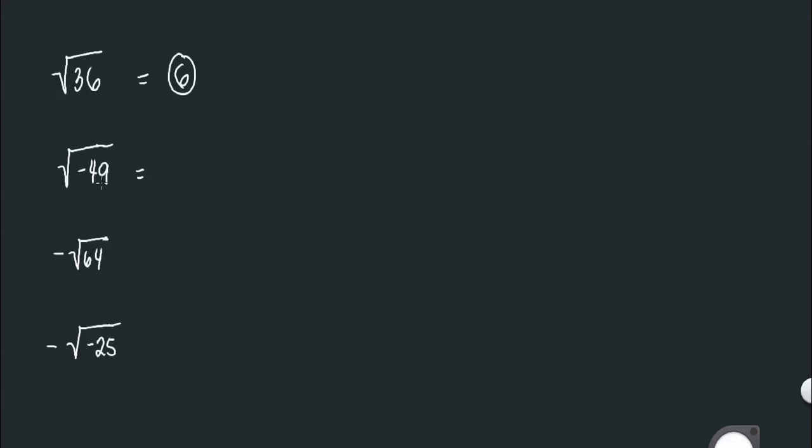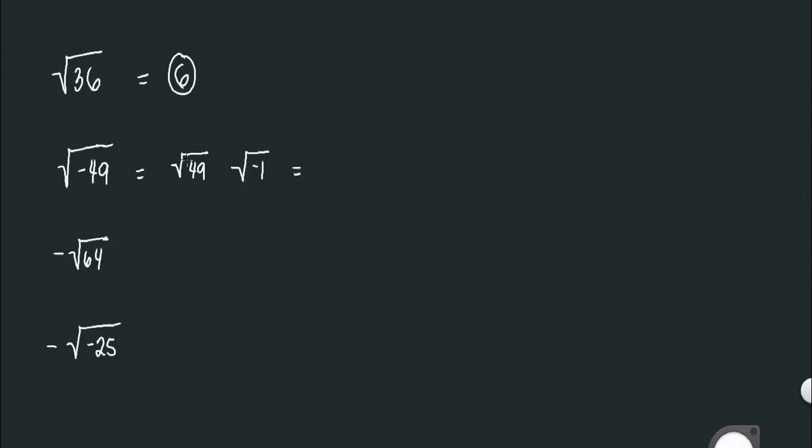This number, negative 49. We have two numbers where one is a perfect square number and the other one is not. So we have the square root of 49, since 49 is a perfect square number, times the square root of negative 1. When we multiply 49 times negative 1, that is negative 49, where one number is a perfect square number.